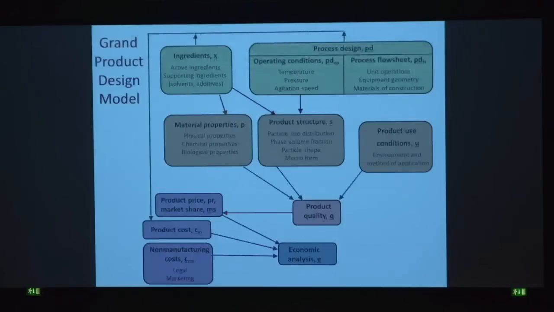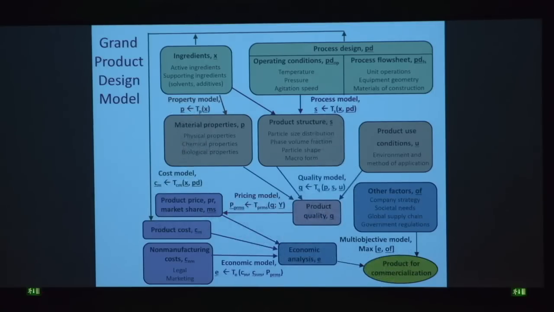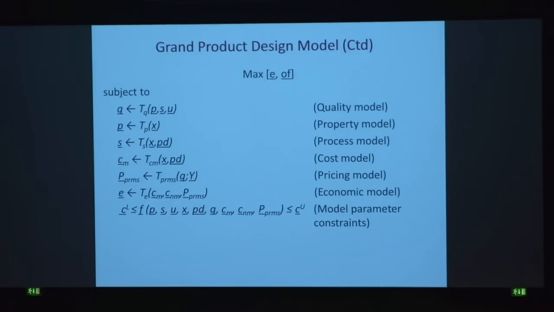So this has to be incorporated into our product design model. This kind of completes what I would like to tell you. But we need to do multi-objective optimization along with all the other models that we just talked about. This is a summary.